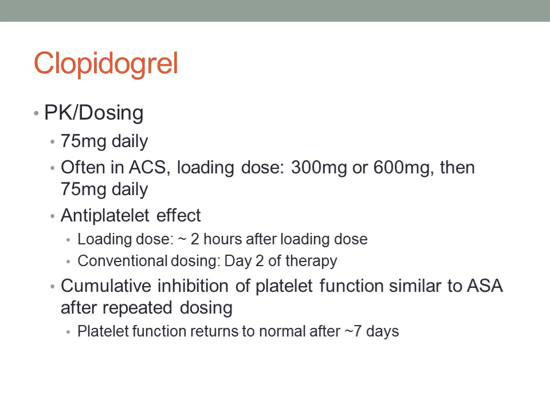There is a cumulative inhibition of platelet function similar to aspirin after repeated dosing with clopidogrel, and platelet function returns to normal after about 7 days. And just to note, when someone is going to have surgery, you need to stop the antiplatelet about 5 to 7 days before the surgery to be safe.